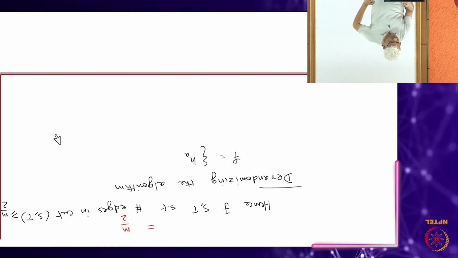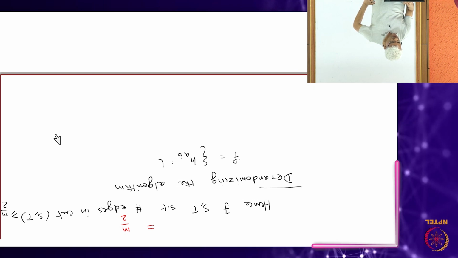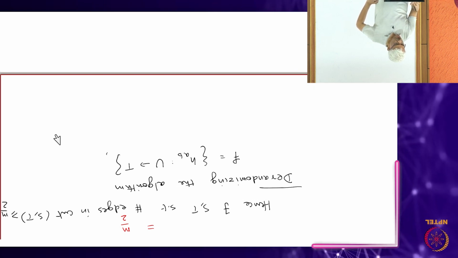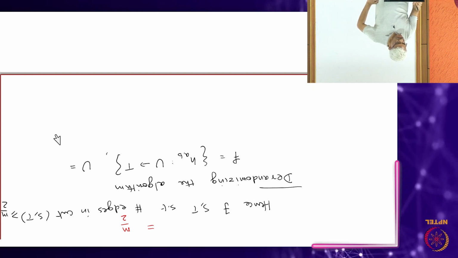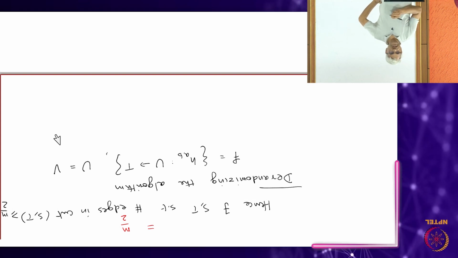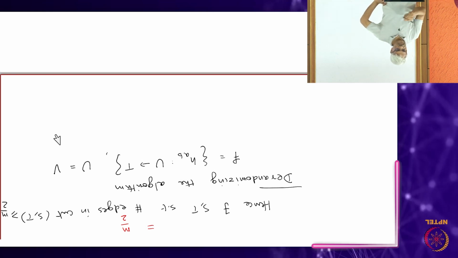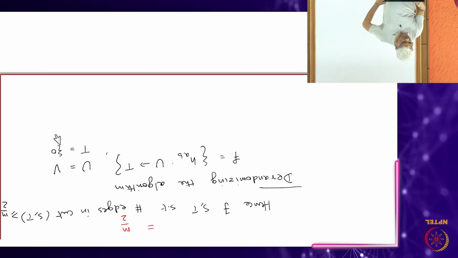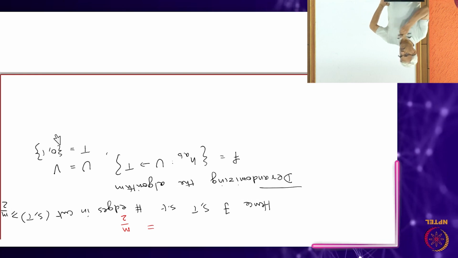I should have indexed from U to T as I defined before, but now my universe is the graph's vertex set and my table is going to be 0, 1.